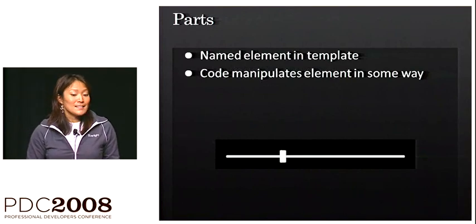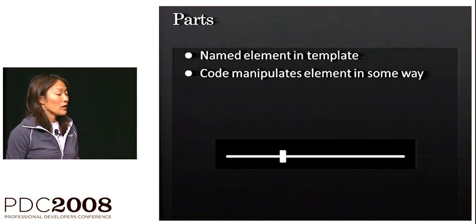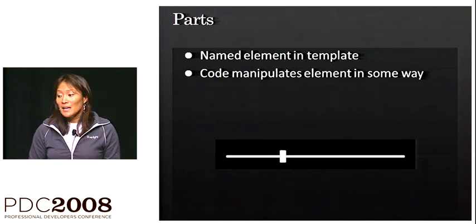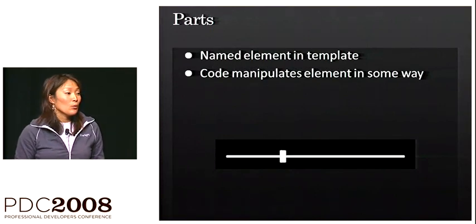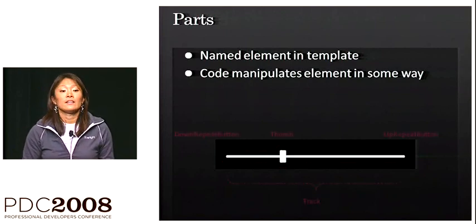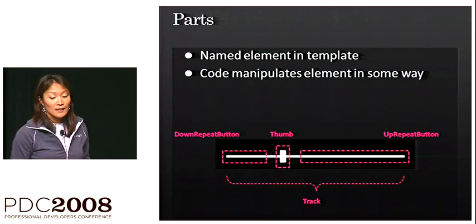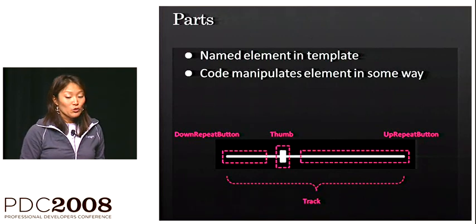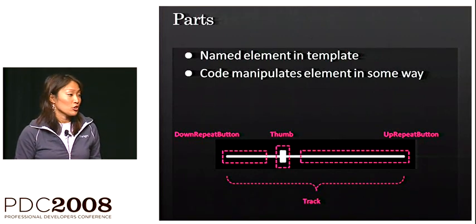So what's in the parts and states model? Well, first off, we have parts. Parts are named elements that live inside the template where the code needs to manipulate them in some way. So here you see a slider. There are 4 different parts to this slider. There's the thumb, the down repeat button, the up repeat button, and the track.